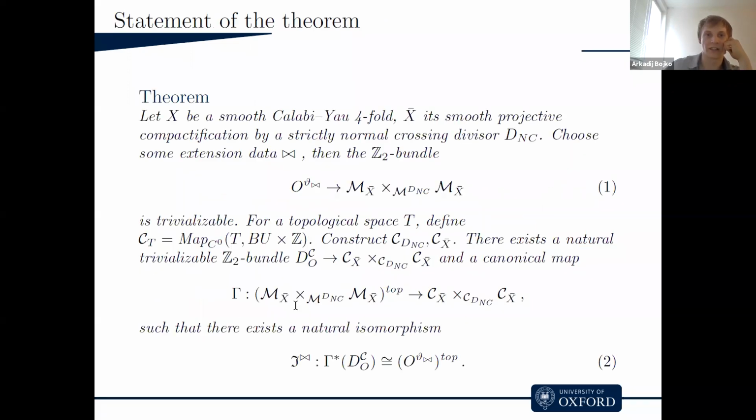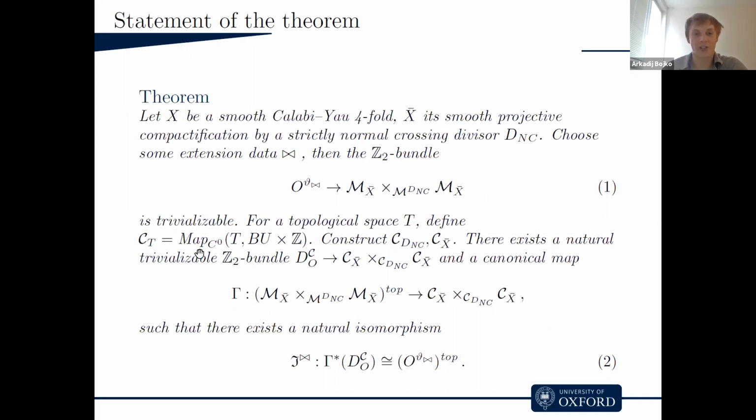So let me state the main theorem. If X is a smooth Calabi-Yau fourfold, and I have such a compactification with this strictly normal crossing divisor, for any choice of extension data and the Z2 bundle constructed before.